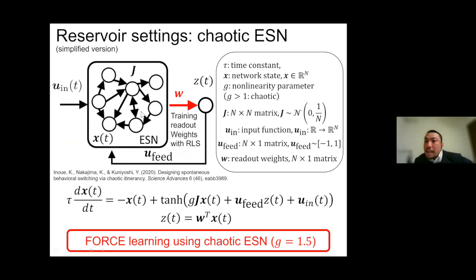In the previous case, we needed a good design of the nonlinear oscillator coupling part, but we don't have this right now. We have random complex dynamics as a reservoir. This time we use a continuous version of the echo state network, but that's not the point. We use very complex dynamics in the reservoir part, and we only adjust this readout part.